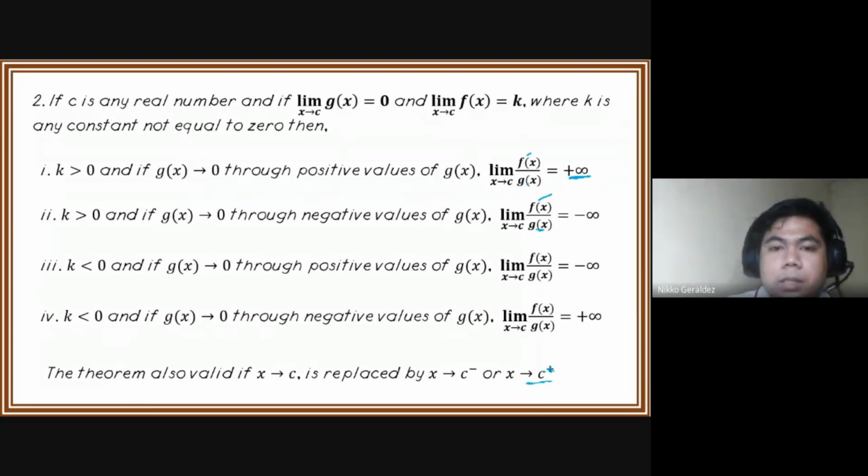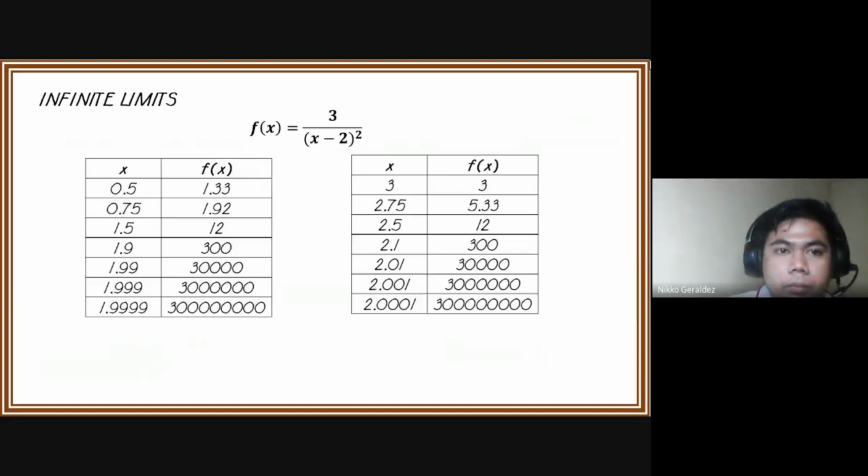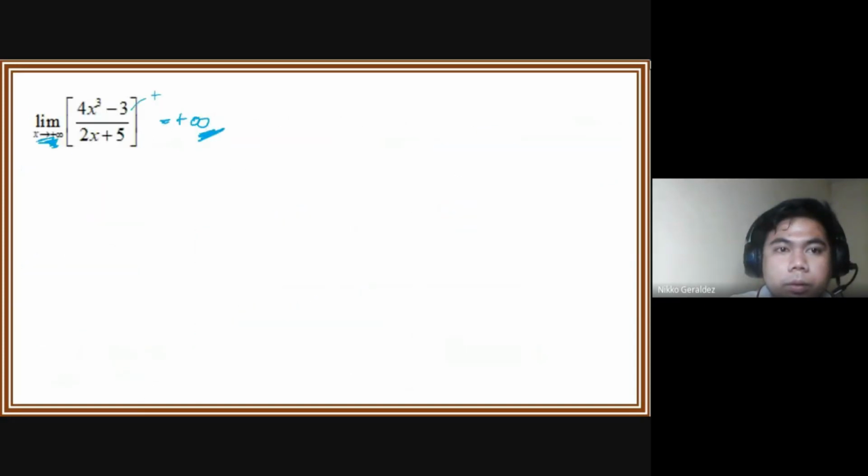Like our last example, the limit of 4x cubed minus 3 over 2x plus 5 as x approaches positive infinity. Your x is positive, approaching positive infinity, and the denominator approaches 0 through positive values.